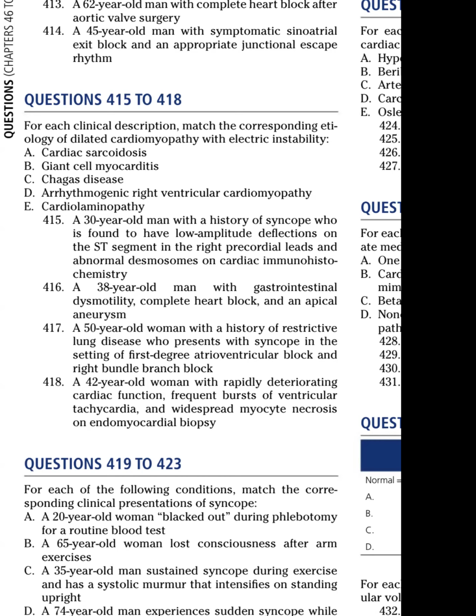You see this is a young adult, 30-year-old, and you see the description of the ECG findings, and then the distortion in the desmosomes on cardiac immunohistochemistry. That is actually a description of arrhythmogenic right ventricular cardiomyopathy. So 415 fits option D.